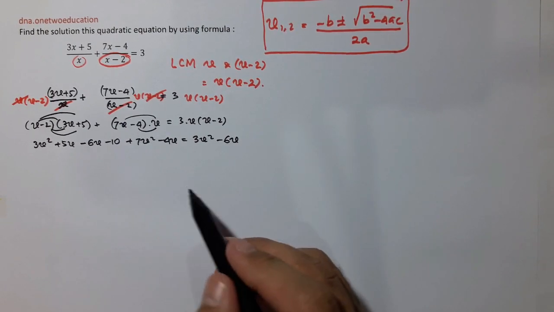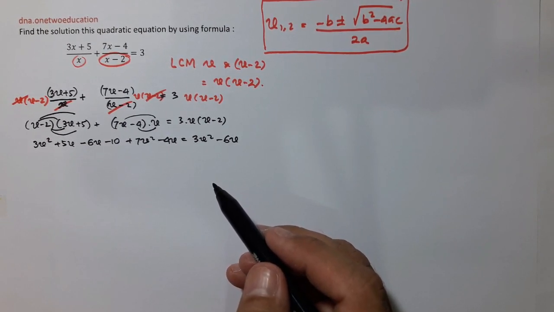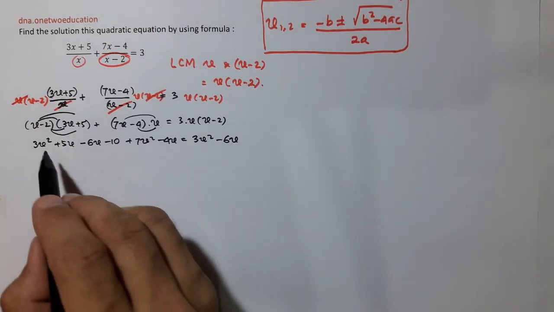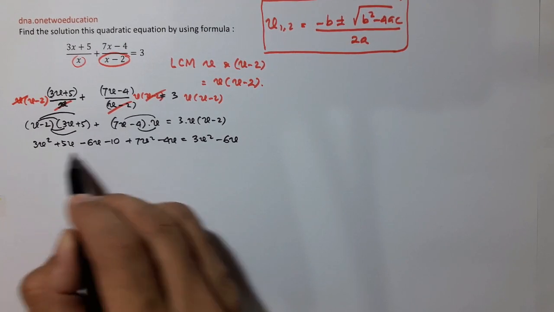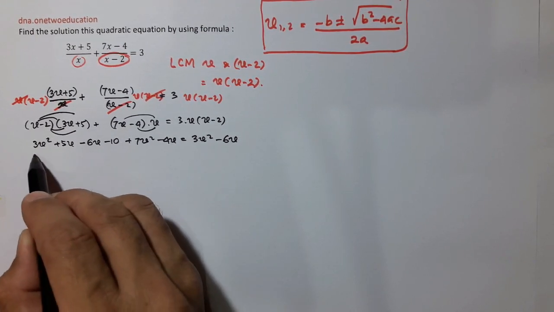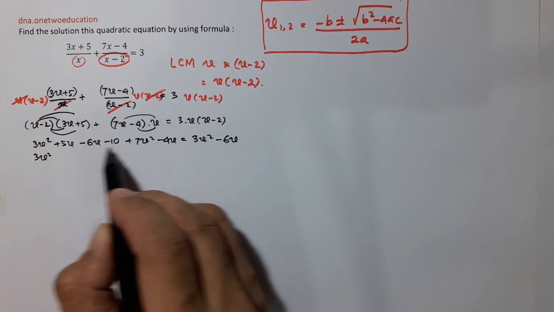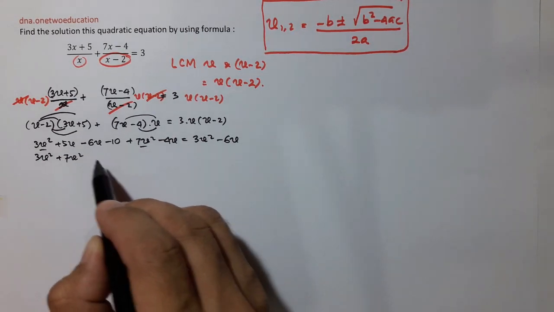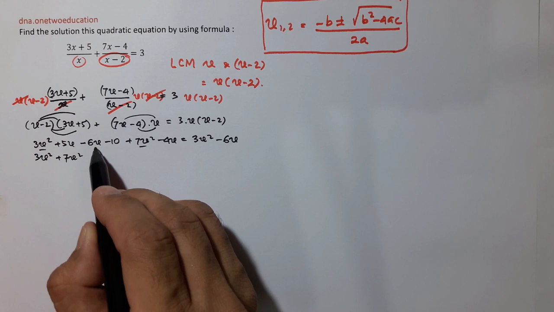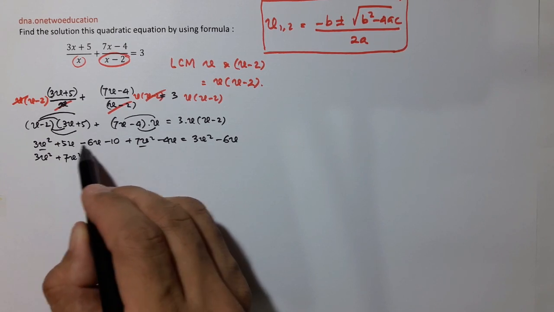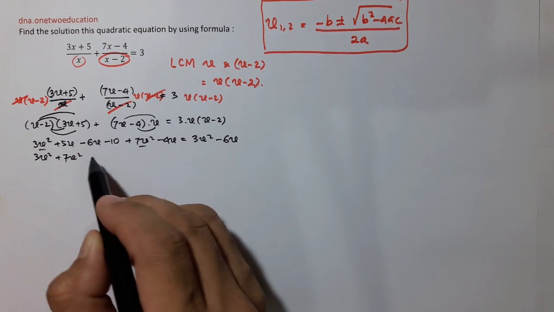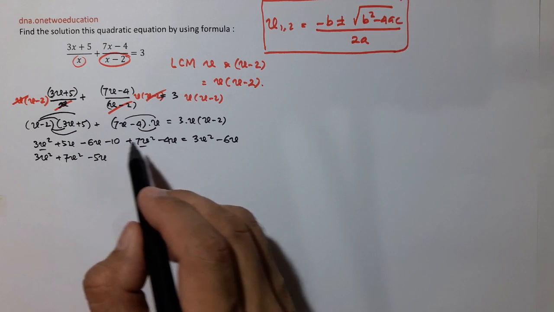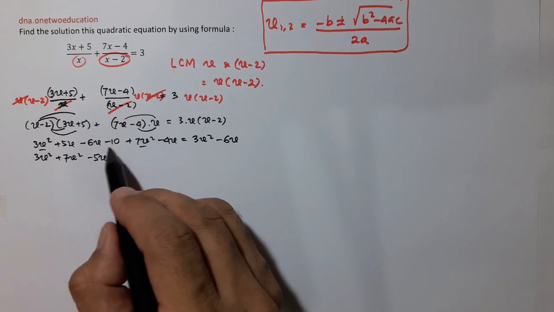Okay, so next we want to group all the items. 3x squared plus 7x squared, and then 5 minus 6 minus 4, so minus 5x, and then here minus 10.